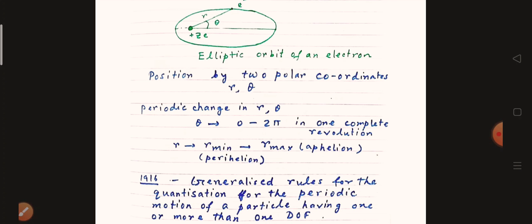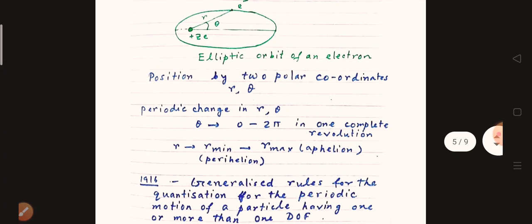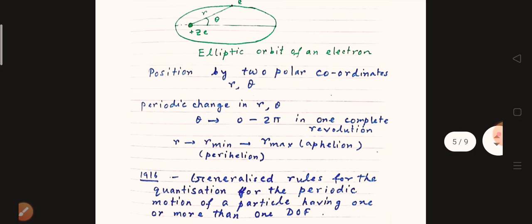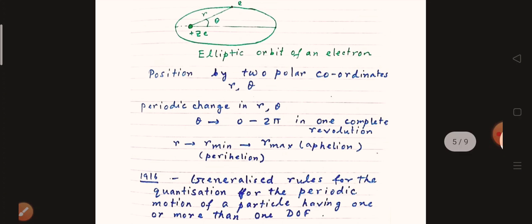Because it is a periodic motion, theta will change from 0 to 2 pi in one complete revolution, and r will change from r minimum to r maximum. r minimum is the position when it is closest to the nucleus, and r maximum is the position when it is farthest away from the nucleus.